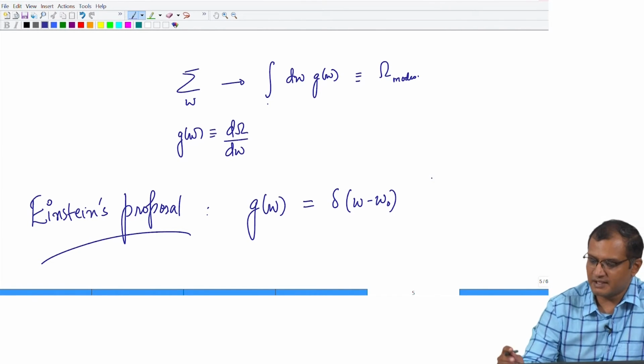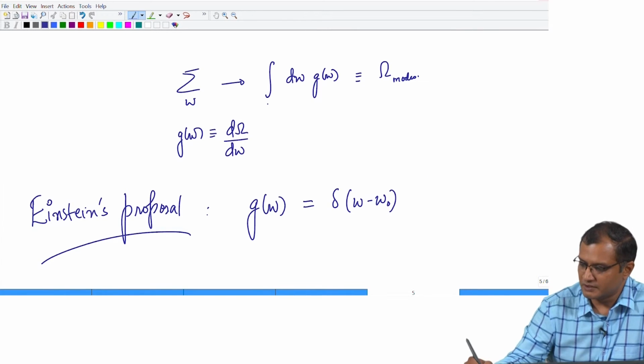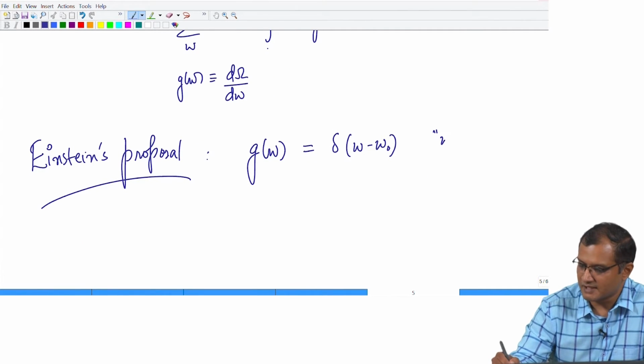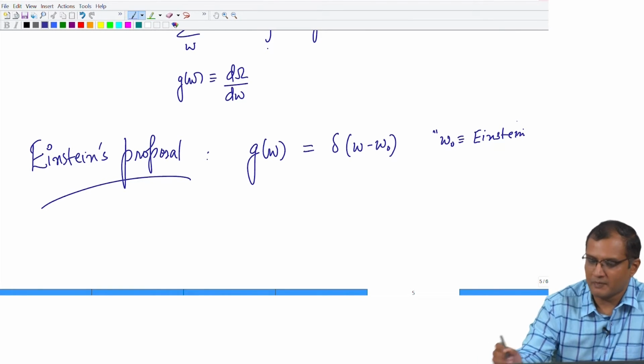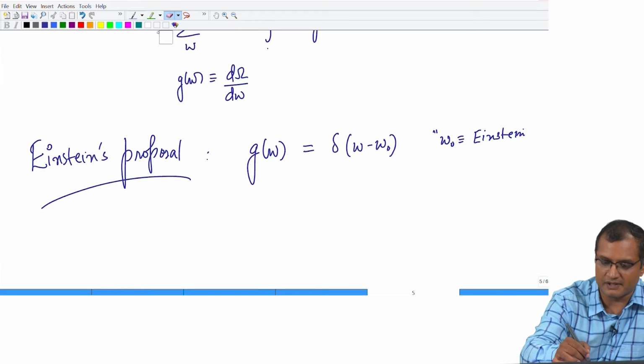So, this has got to be a Dirac delta distribution. You can think of this omega 0 as Einstein's frequency, the frequency of all the oscillators.